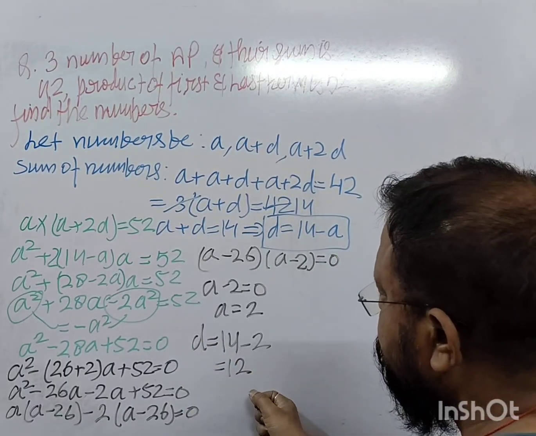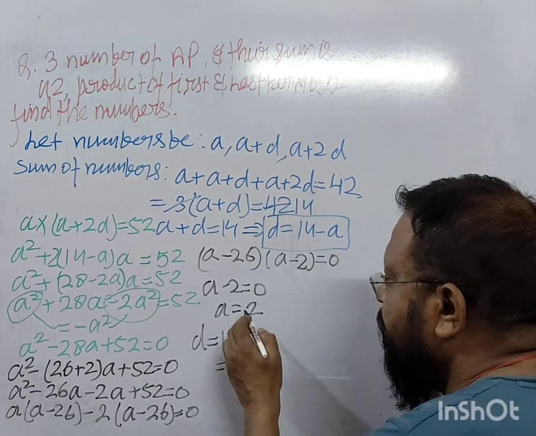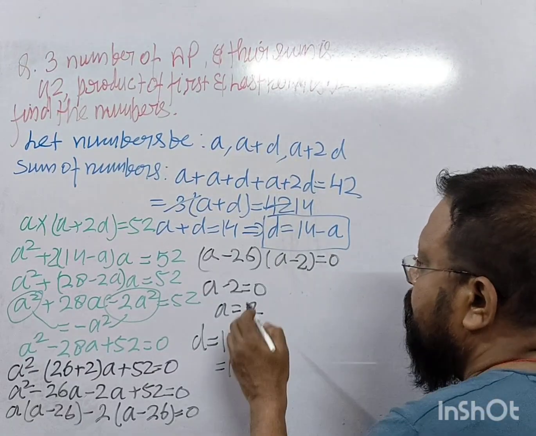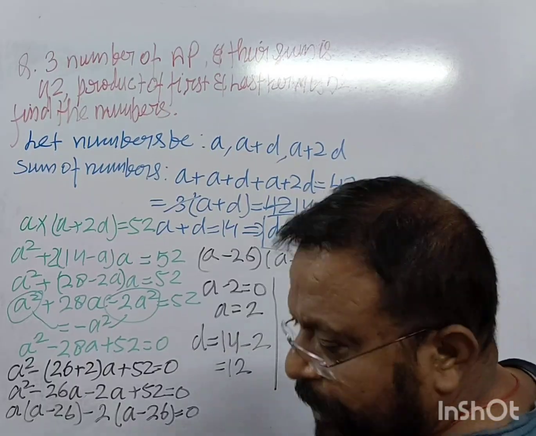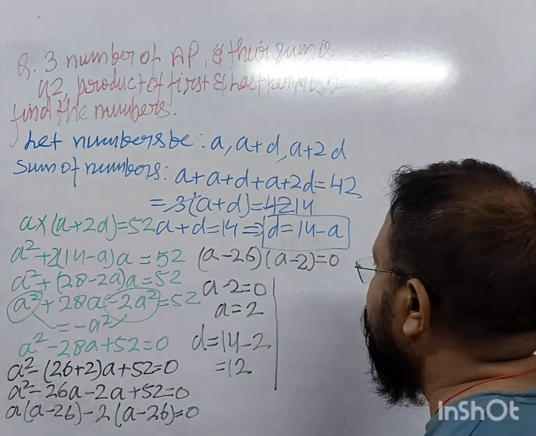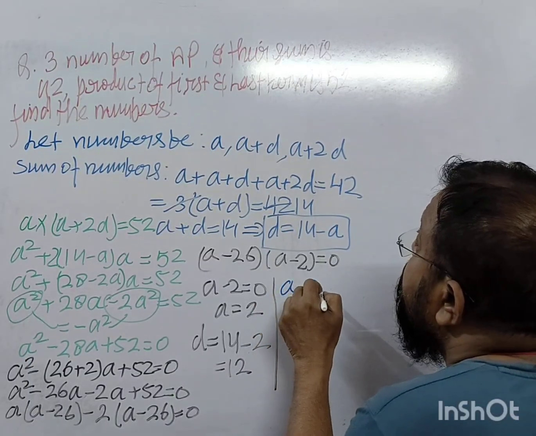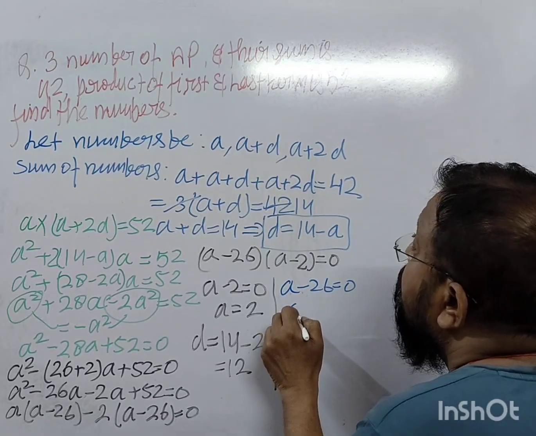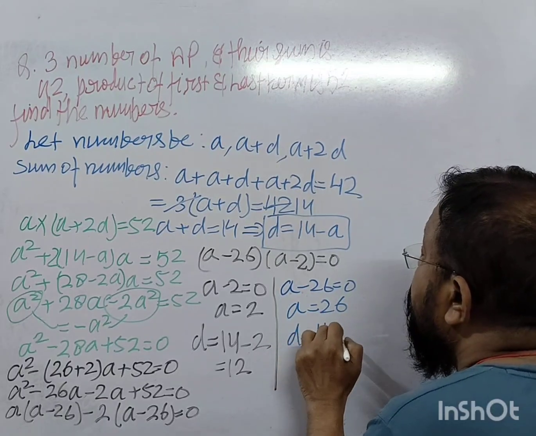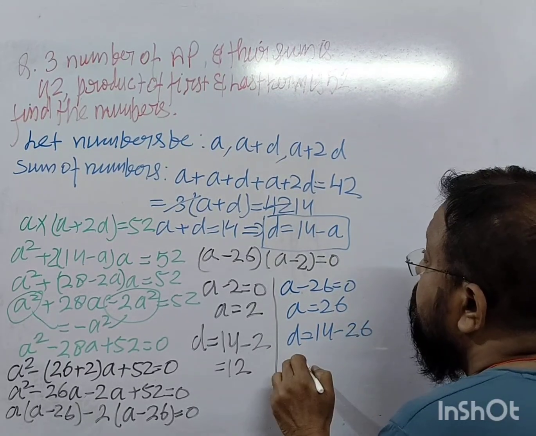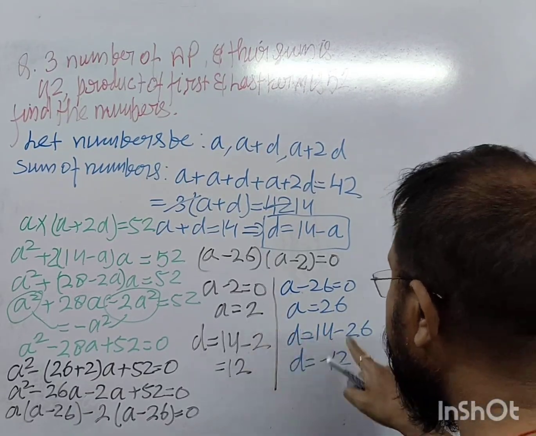Okay, so this is 12, d is 12, a is 2. And if a minus 26 is equal to 0, so a is equal to 26, so d is equal to 14 minus 26, so d is equal to minus 12. These are the two values.